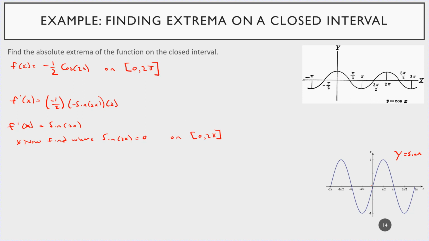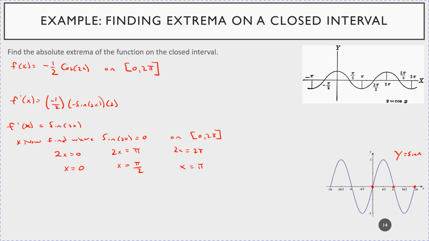We see that sine is equal to 0 at 0, pi, and 2 pi. But the 2 is going to shrink it. So when does 2x equal 0, or pi, or 2 pi? Those solutions end up being 0, pi over 2, and pi.